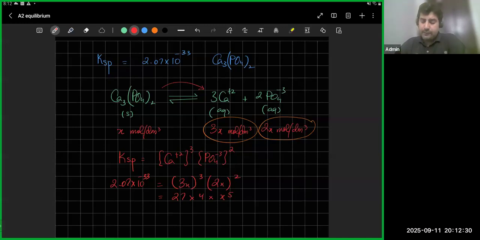Okay, now do the math. You just have to solve for x. So it's 2.07 exponent minus 33, and then you divide by 27, and then divide by 4.